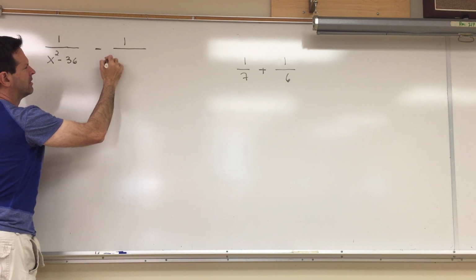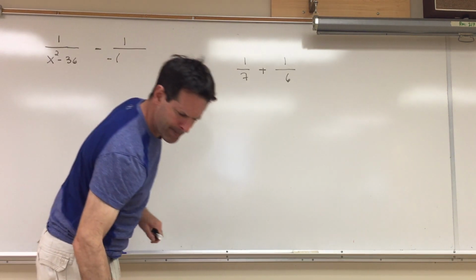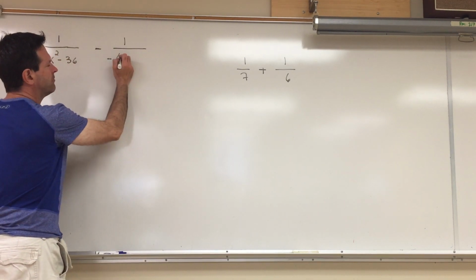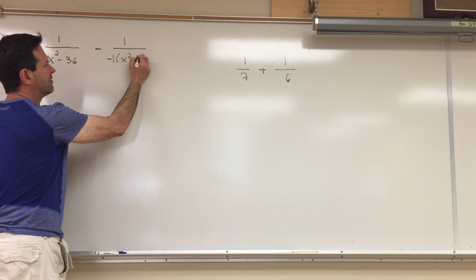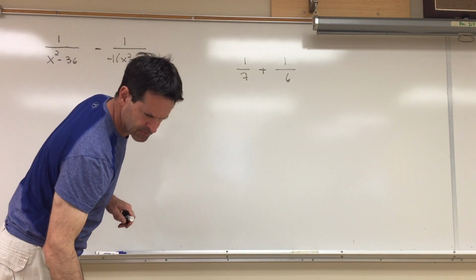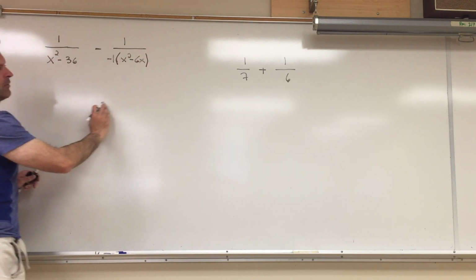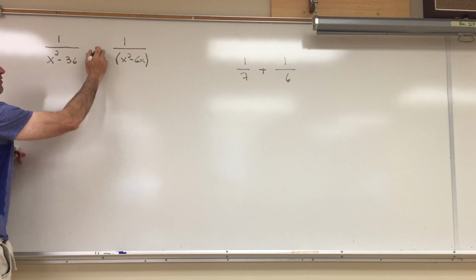So, negative 1 outside, x squared minus 6x. And like we had two negatives here, minus negative 1, we can change that to addition.